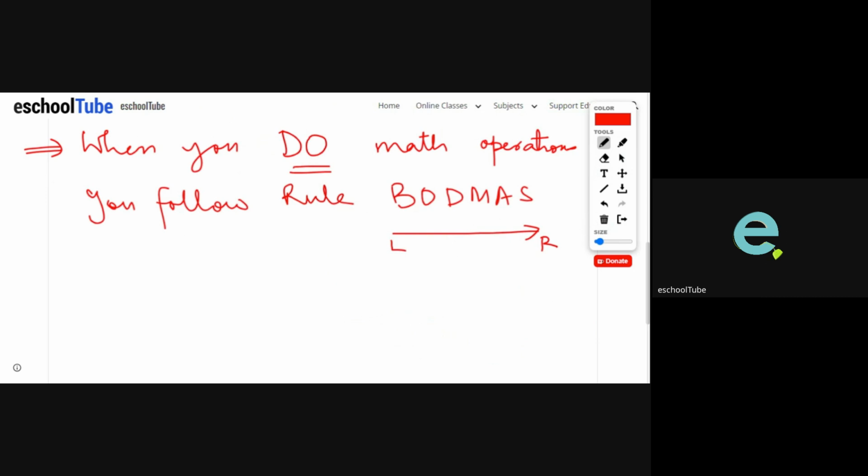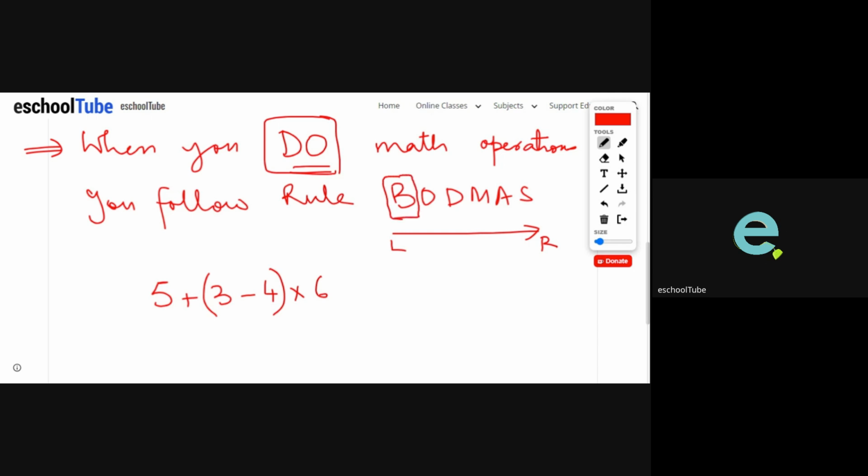Whenever you are doing some math operation, for example, if I write 5 plus 3 minus 4 multiplied by 6, and then I put a bracket here, which operation will we do first? Sir, the bracket is open, so you will first do this bracket.